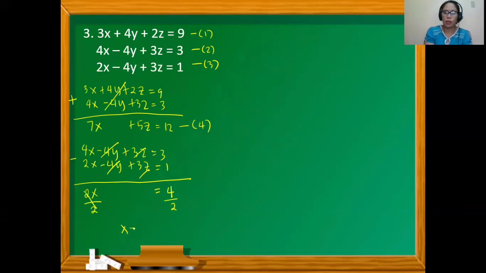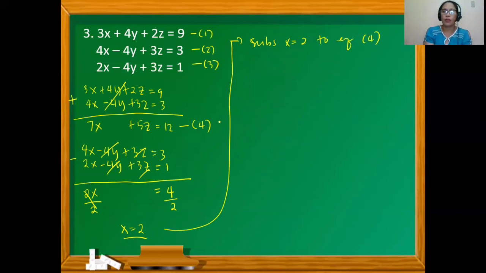So x is 2. And we will substitute this x equals 2 to equation 4 only. So we have 7 times 2 plus 5z equals 12. So 5z equals 12, and 14 transposed to the other side is minus 14.